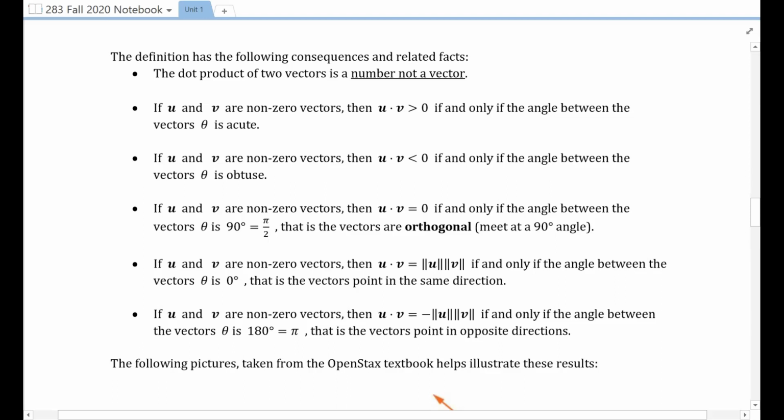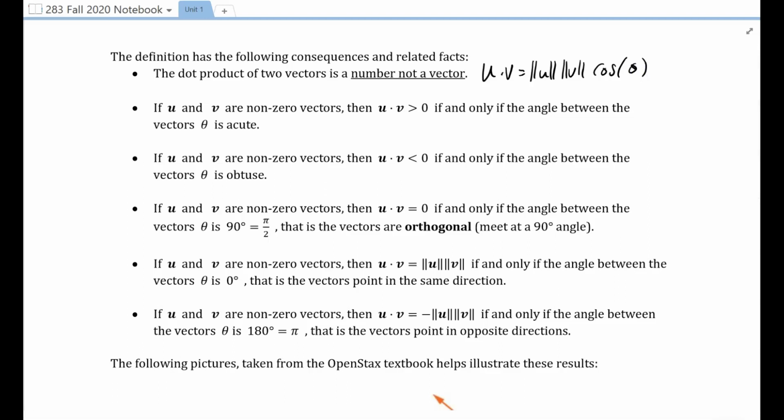The next 5 bullets I have here are dealing more with the geometry between them, and has to deal with two things, one being the formula, the other being the algebraic sign on the right hand side. So it's the length of U times the length of V times the cosine of the angle in between.